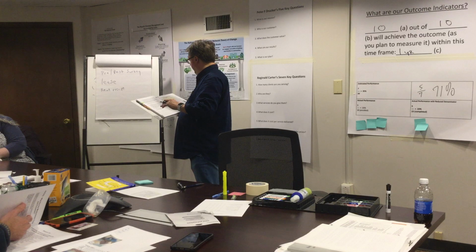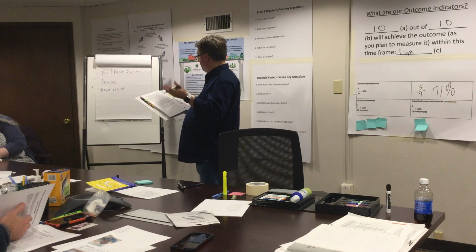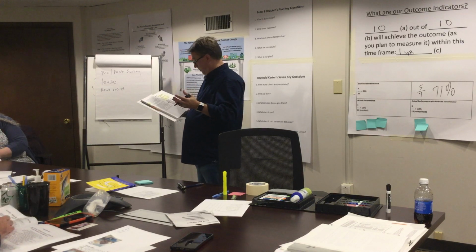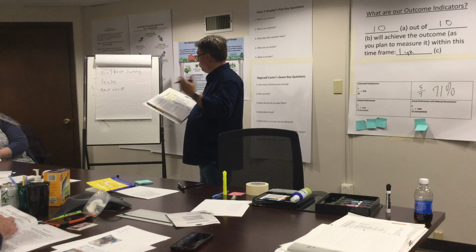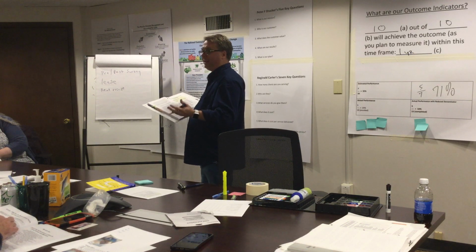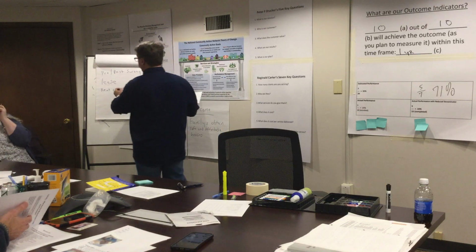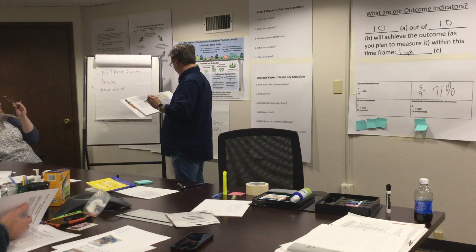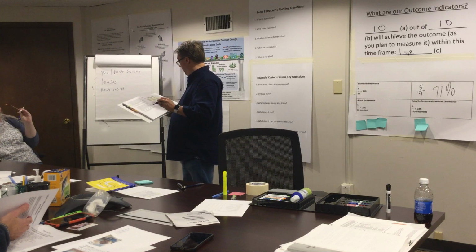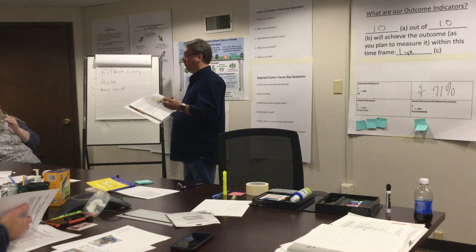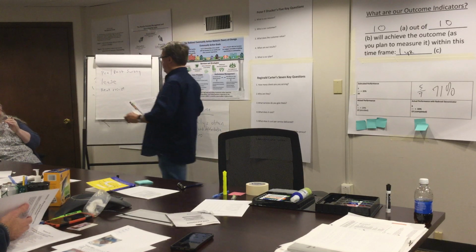The next part of this is our data source. Who's responsible? How is that data collected? Who gets the rent receipt, the lease, the pre and post survey? Case manager.